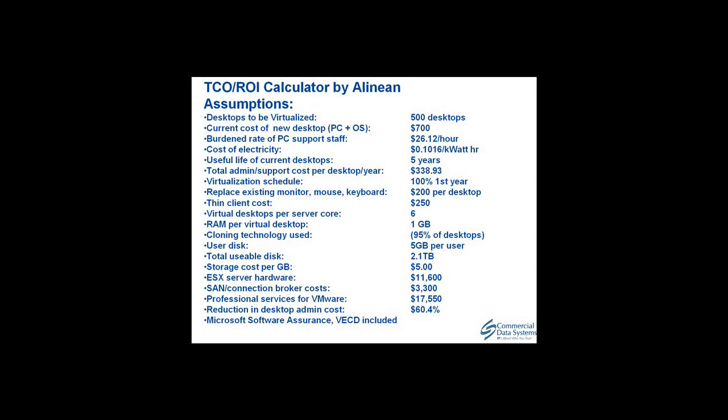We didn't include any potential benefits from data center server virtualization. We also assumed that we would not re-provision any existing servers or desktops. In other words, we're going to go out and buy new servers for the back end, and we're going to buy new thin clients, including mice, monitors, and keyboards for those new thin clients.